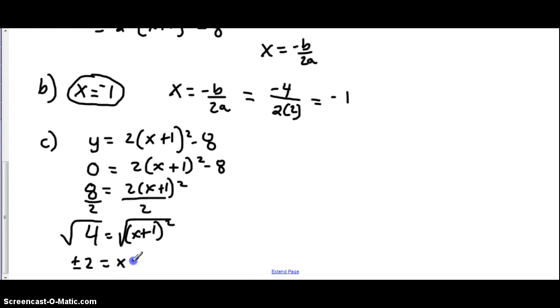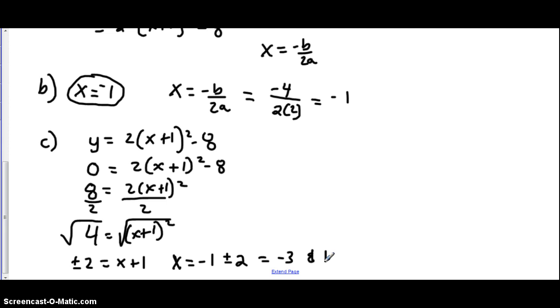Equals x plus 1. And so x is going to be equal to negative 1 plus or minus 2. So that would be equal to negative 3 and 1. So those are the roots.